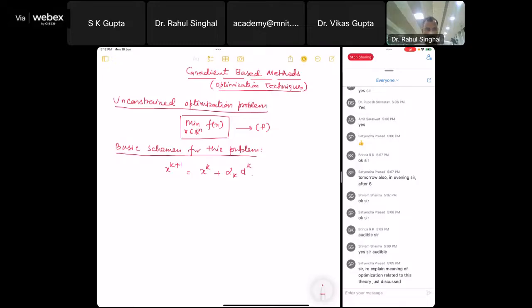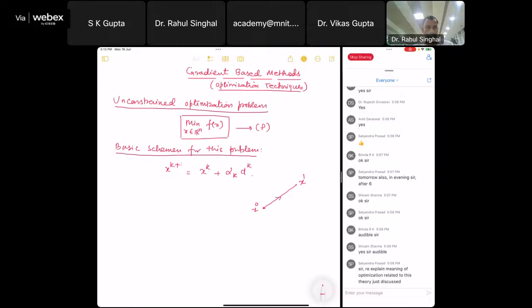What this scheme means is that you start with some initial guess, x0 for example, and you go to x1. Going from x0 to x1, there are many directions.